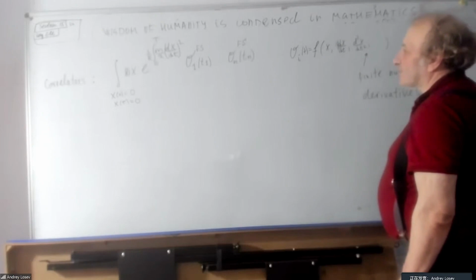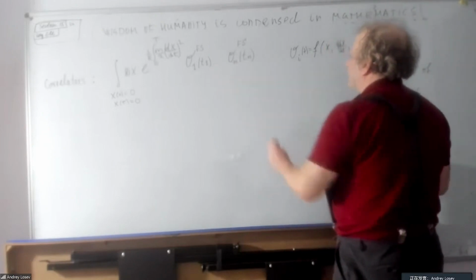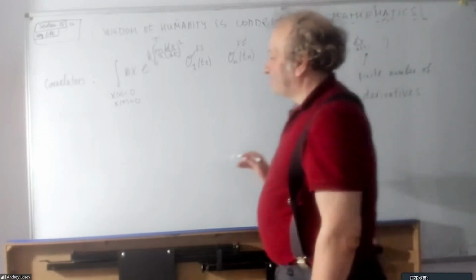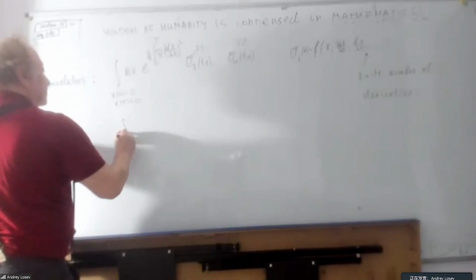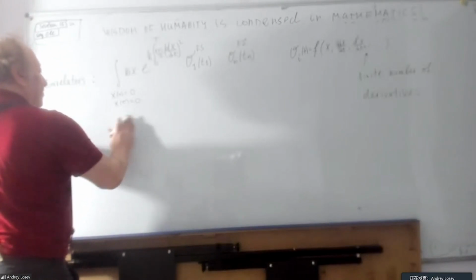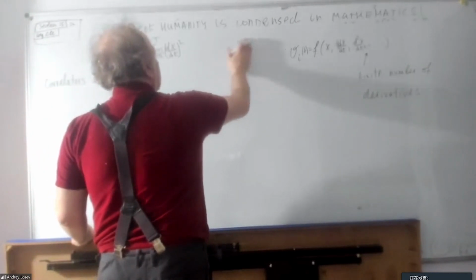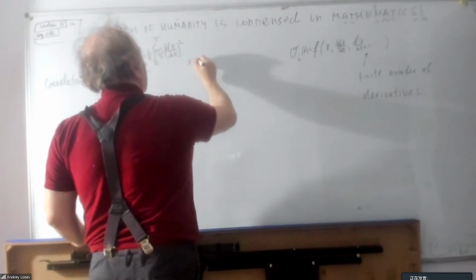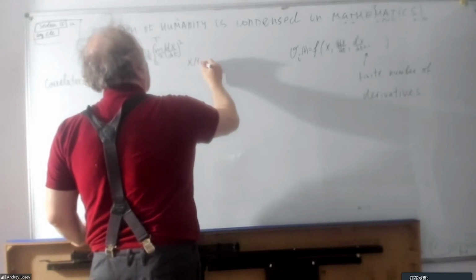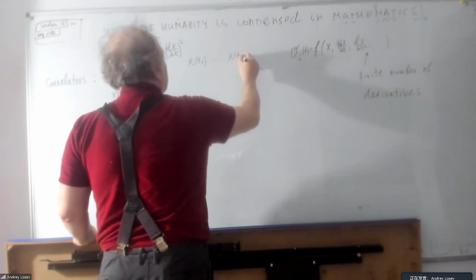Now, the question would be how to compute it. Let us start with something very simple. And the simplest case is to consider x at t1, etc., x at tn.